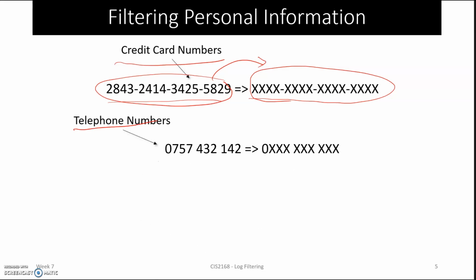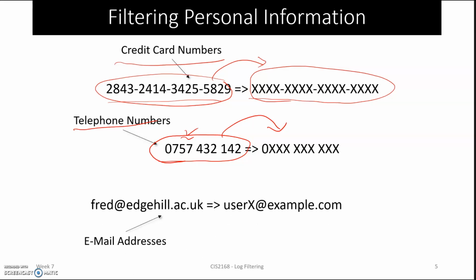Telephone number is also personal sensitive information. So we are not going to display the contact detail in this manner. What we'll do is use a mapping-based approach and map it with crosses like that. Similarly, email address is also known as personal sensitive information.